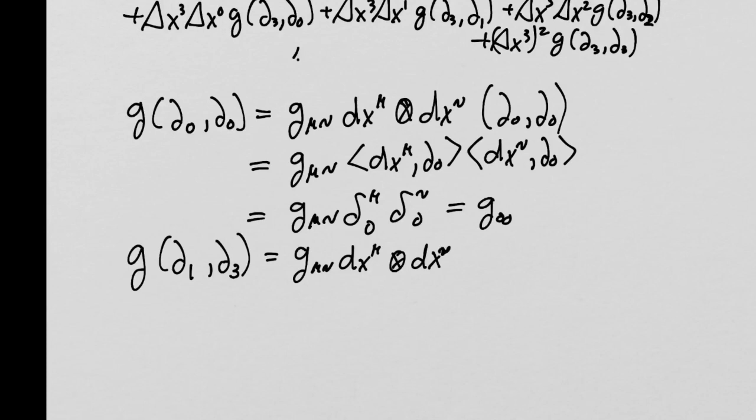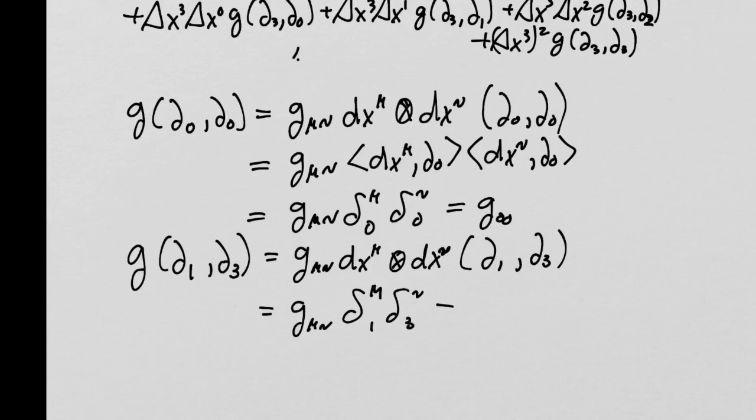X nu operating on these two basis vectors, and you end up with g mu nu, and I'll skip a step and go delta mu 1 delta nu 3, which equals g1 3.